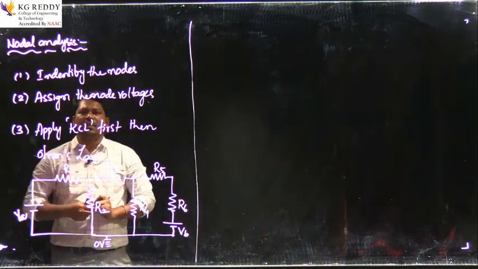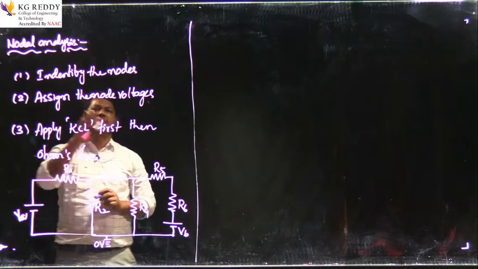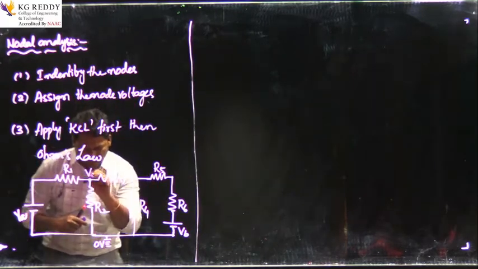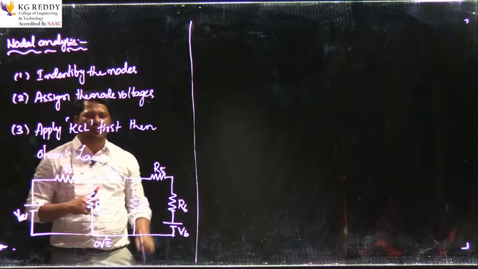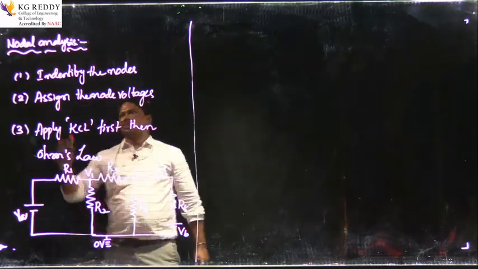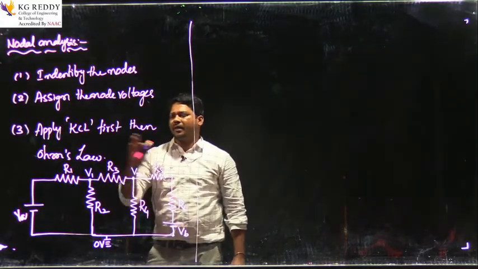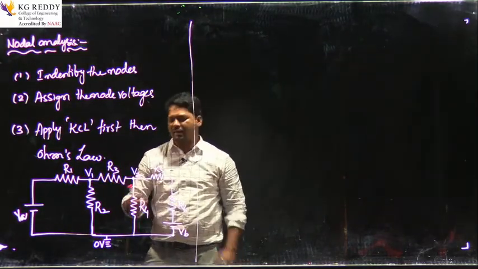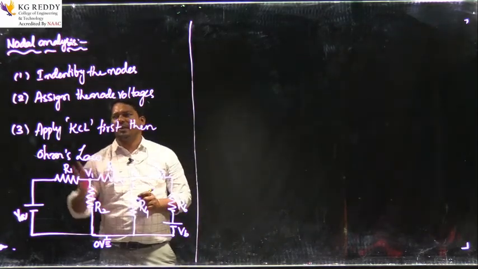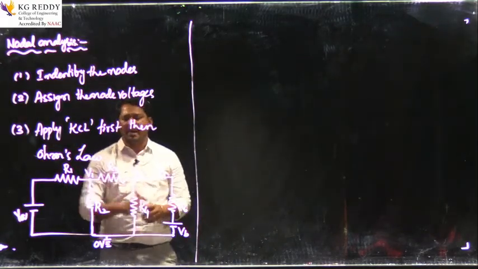After identifying the nodes, the next step is to assign the node voltages. Here I am assigning this as voltage V1 and this as voltage V2. So the second point is also completed; I have already assigned the node voltages. After assigning the node voltages, we apply KCL first, then Ohm's law.